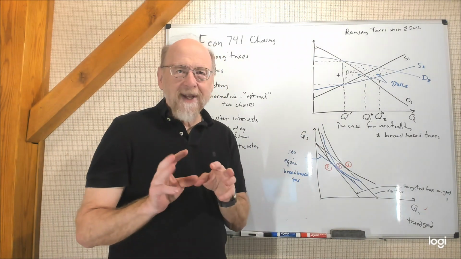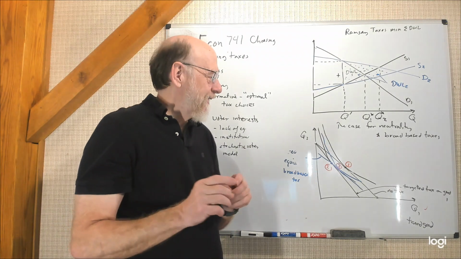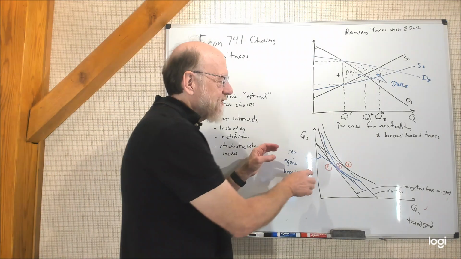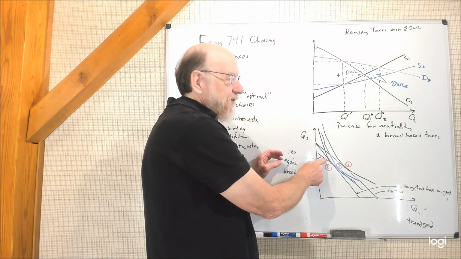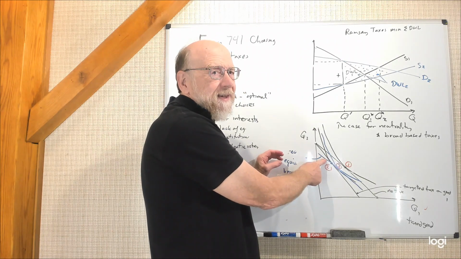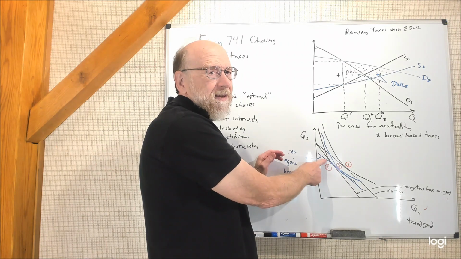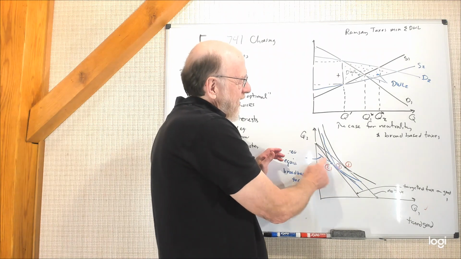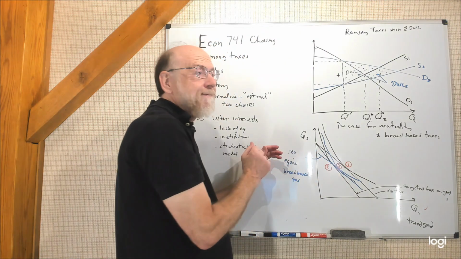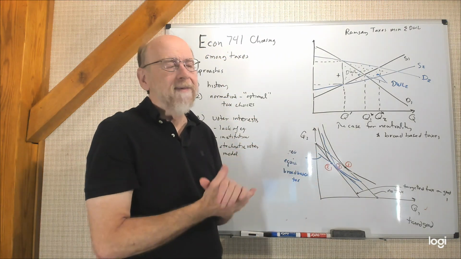All three of those tax systems will have budget lines associated with them that are parallel to the original budget line. They're neutral with respect to relative prices. They don't alter the slope of the budget line directly, at least. And as a consequence, whatever budget line you'd be on, it would be parallel to the original one, rather than have a different slope.